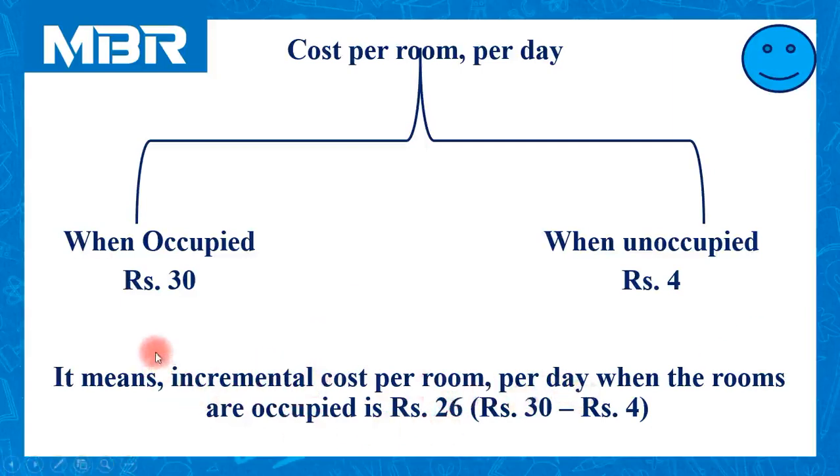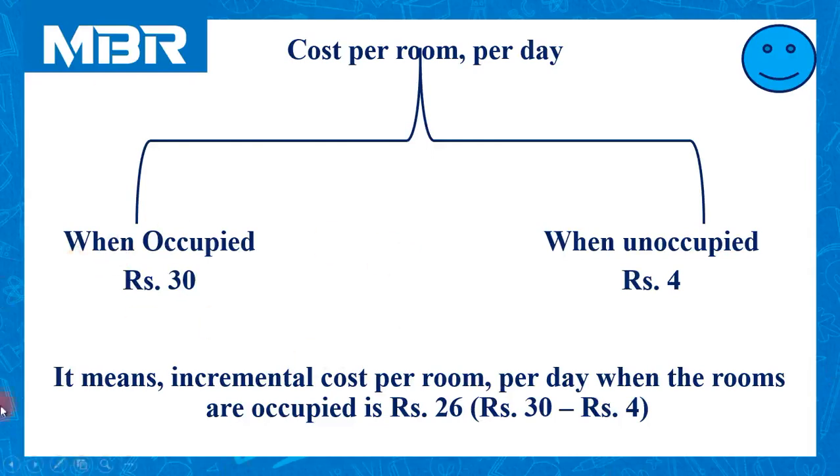This is known as incremental cost. Incremental cost means the difference in the cost when there is a change in the decision. So here there are two different decisions available to us: when rooms are unoccupied, rupees 4; when rooms are occupied, rupees 30. Because of the occupancy of the room, there is a difference of rupees 26 in the cost.